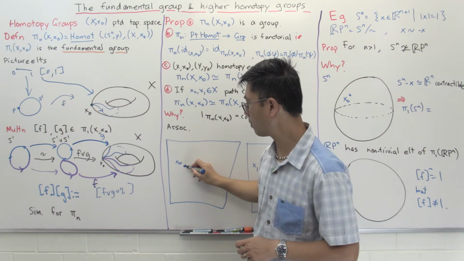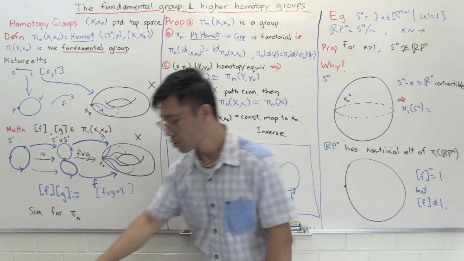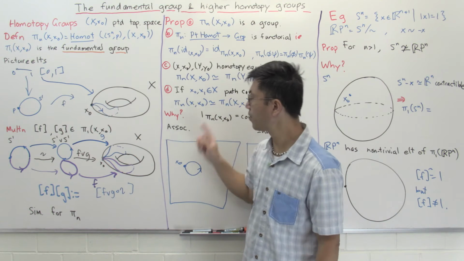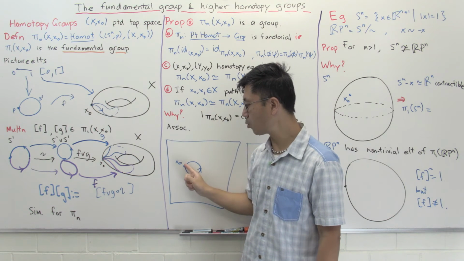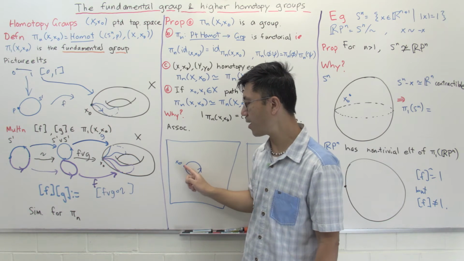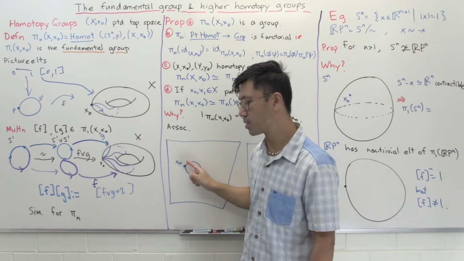Suppose you have a loop like this. Remember what you do. If you want to compose this with this constant map, this identity, why is it an identity? You have this loop which goes around like that, and then you stay there for the constant map. So it's this one composed with staying there.